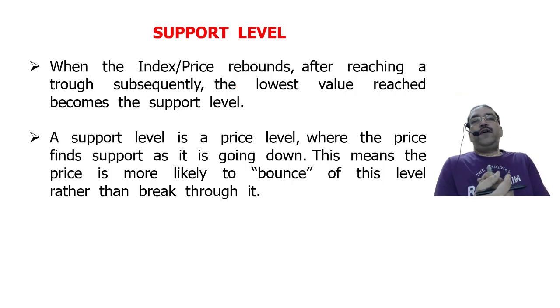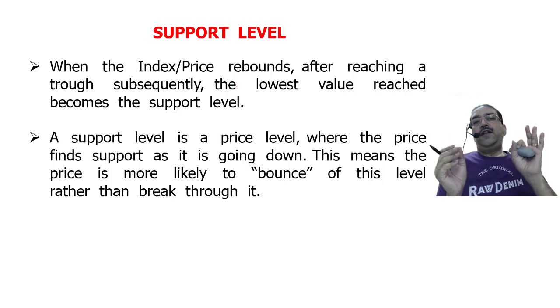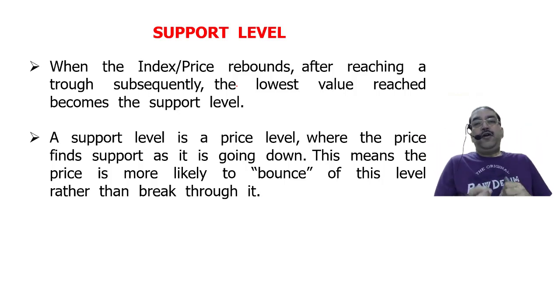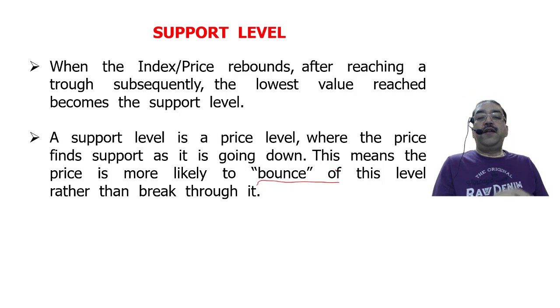You must have seen in movies, the heroine is standing on a ladder doing some work and suddenly the heroine falls. And luckily at that particular point of time, God sends the hero and the hero catches the heroine. Does not allow the heroine to fall. Correct? So that is support. That is a support level. This means the price is more likely to bounce off at this level rather than break through it.